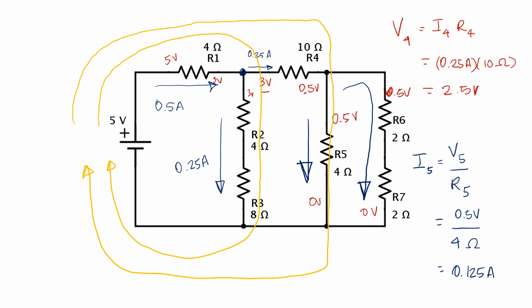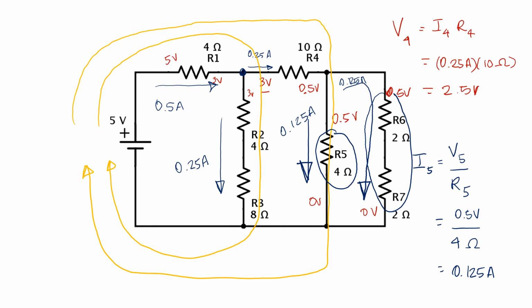If 0.125 amps goes through that piece, then that leaves 0.125 amps to go through the other piece. I had 0.25, and so this is split, 0.125 amps. Not too surprised by that, because remember the equivalent resistance here is 4. The resistance here is 4 ohms, so I expected for those to divide evenly.